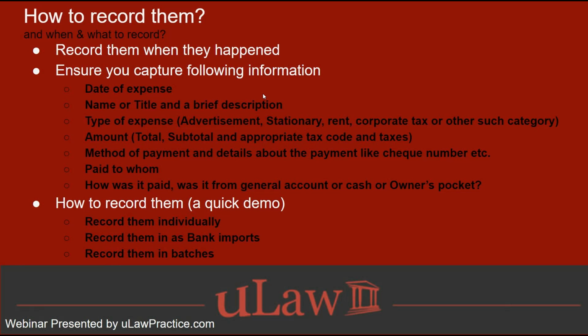So 65.56. Right? So if it doesn't have a reason with the title or a brief description, it just becomes harder for you to reconcile it at the end of the month.